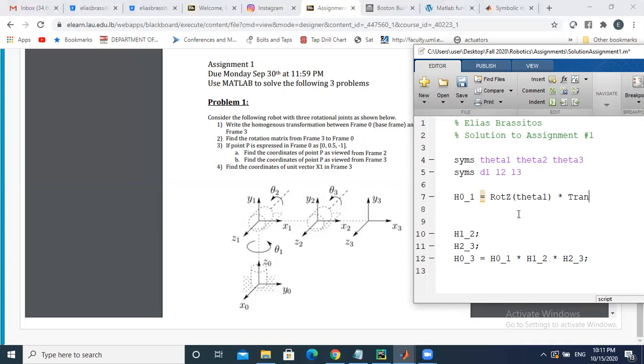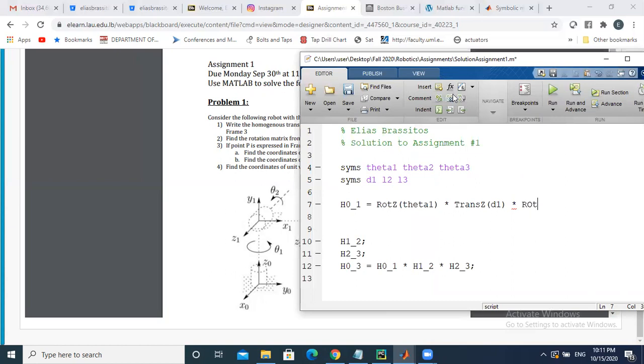Then I can translate along Z by length d1. Now basically Z is up and x0 is pointed along x1, so I still need to rotate about x by pi over 2.